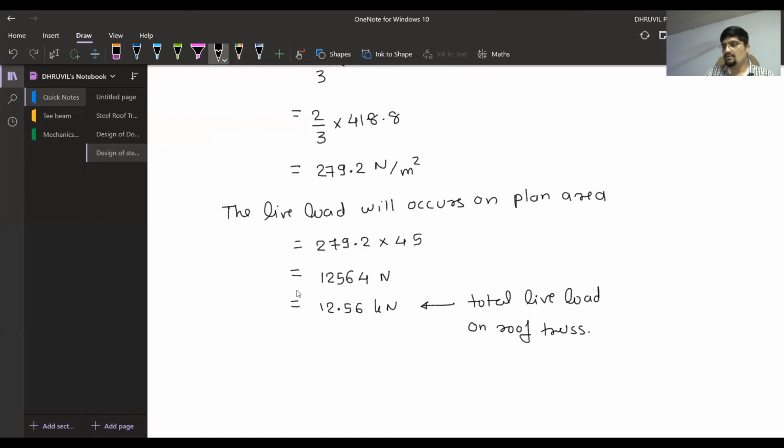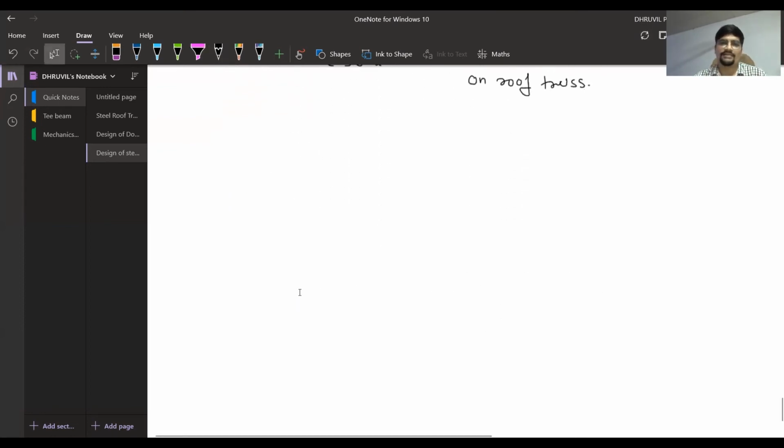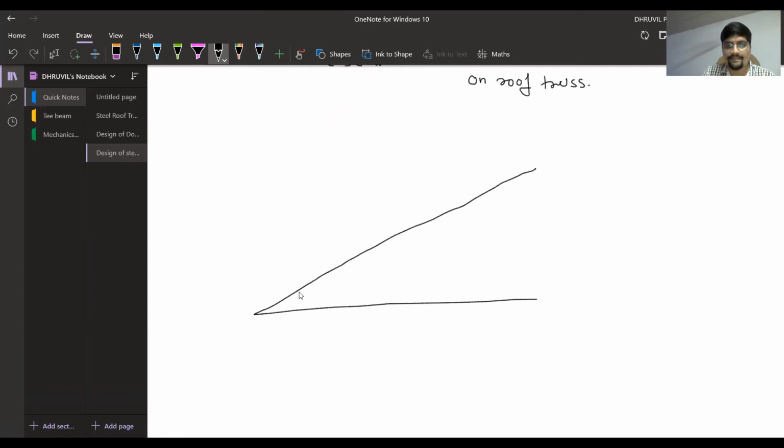Now divide it on the panel points as we did in the dead load calculation. So this is our roof truss. We have 5 panels: 1, 2, 3, 4, and 5. These are the panel points.